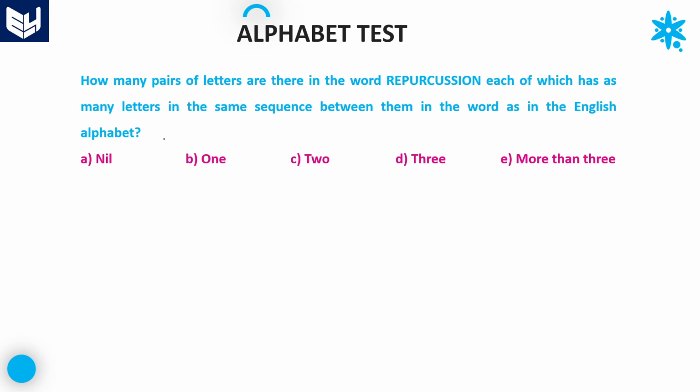Next one. How many pairs of letters are there in the word repercussion? Write down that word. REPERCUSSION. Same thing. Start reading from here onwards.